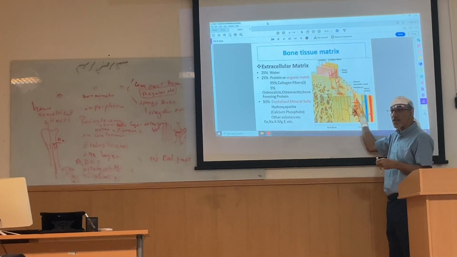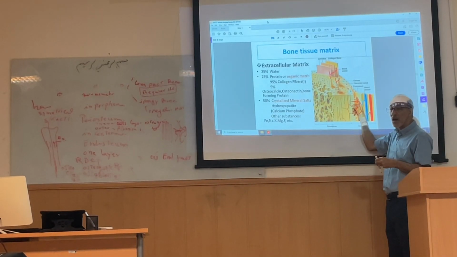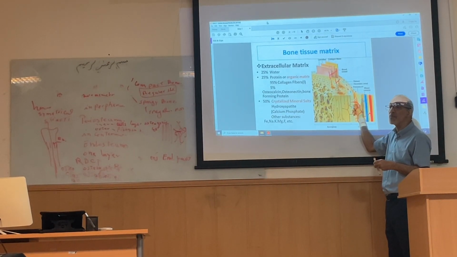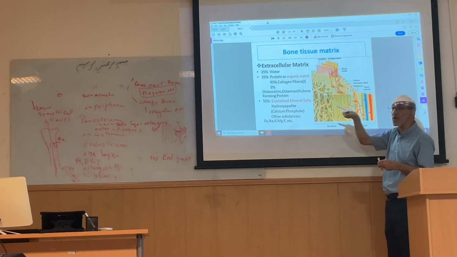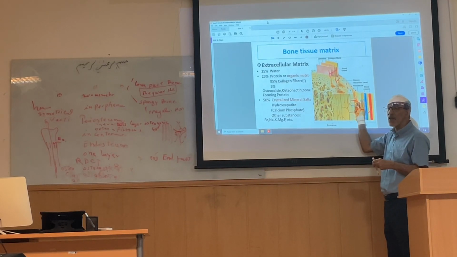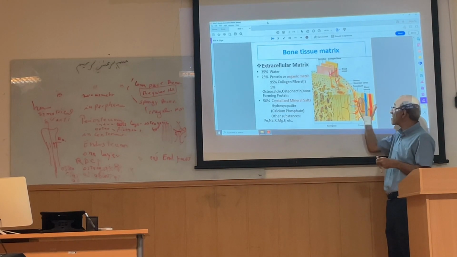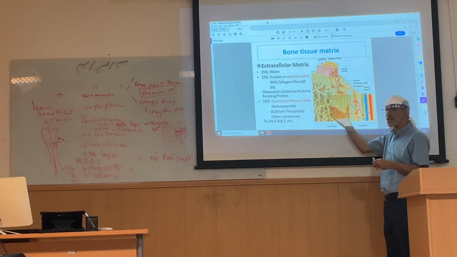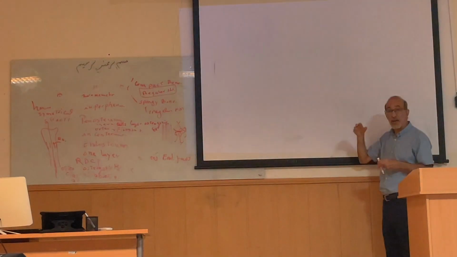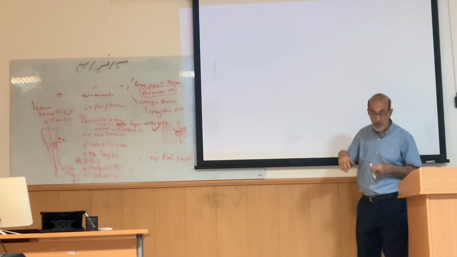Inner is the cell layer; outer is the fiber layer. Fiber layer means full of fiber. Cell layer means full of osteogenic cells. This is periosteum. This is endosteum. Very good.